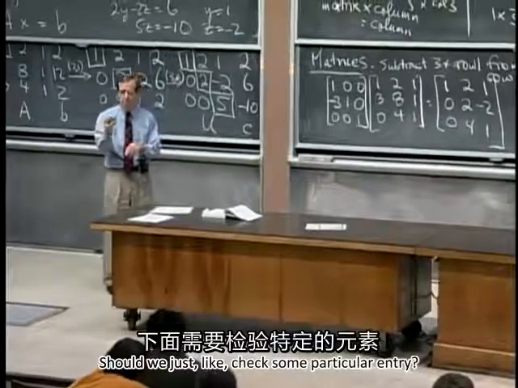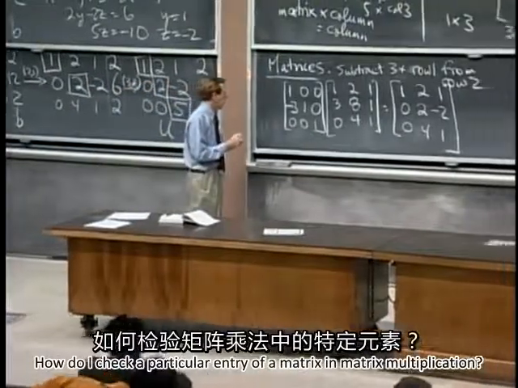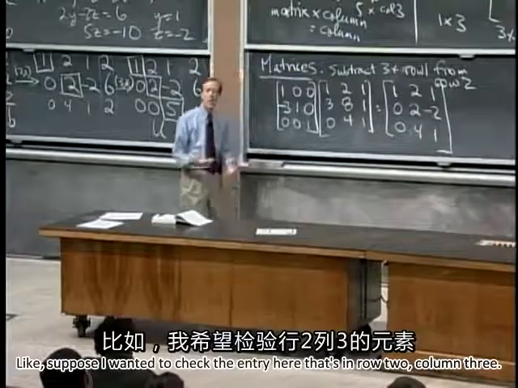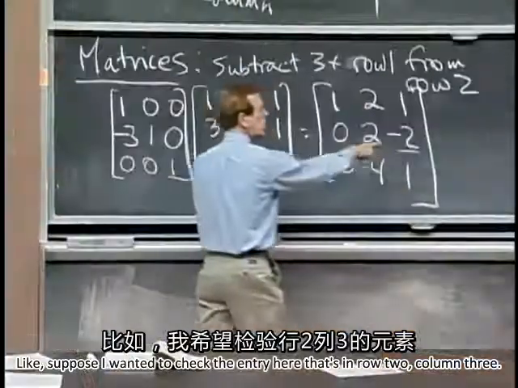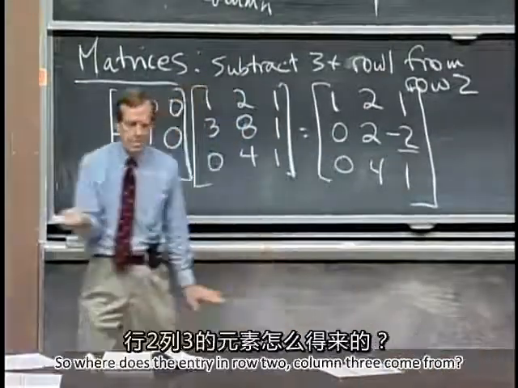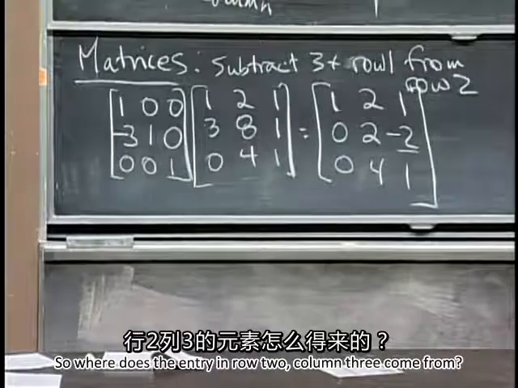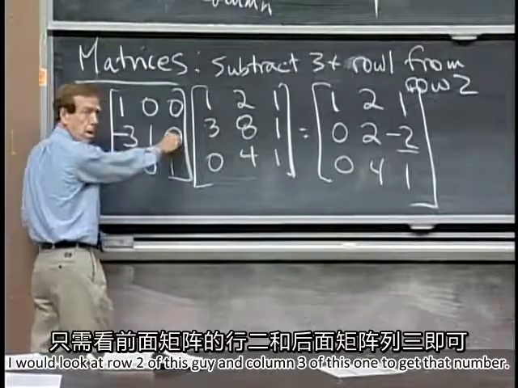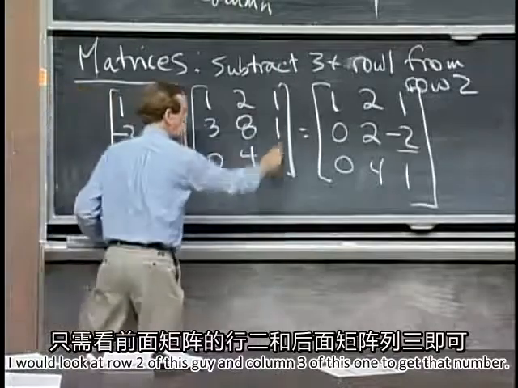Should we just check some particular entry? How do I check a particular entry in matrix multiplication? Suppose I wanted to check the entry in row 2, column 3. Where does it come from? I would look at row 2 of this one and column 3 of this one.